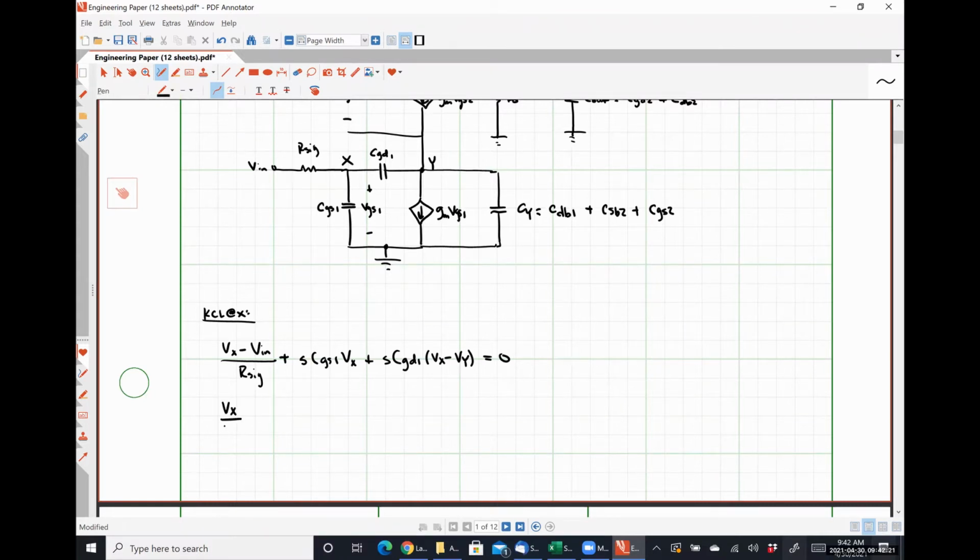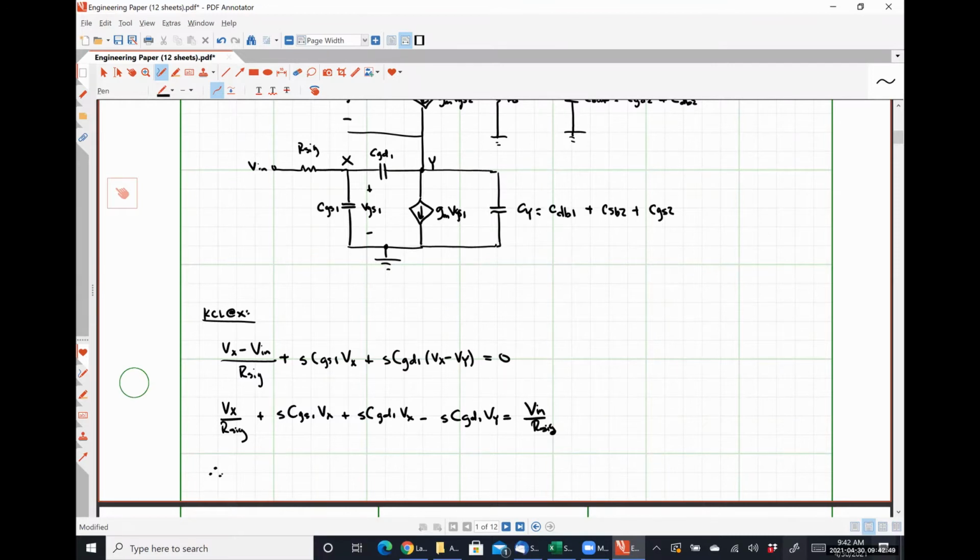Vx over R sig plus s CGS1 Vx plus s CGD1 Vx minus s CGD1 Vy is equal to Vn over R sig.